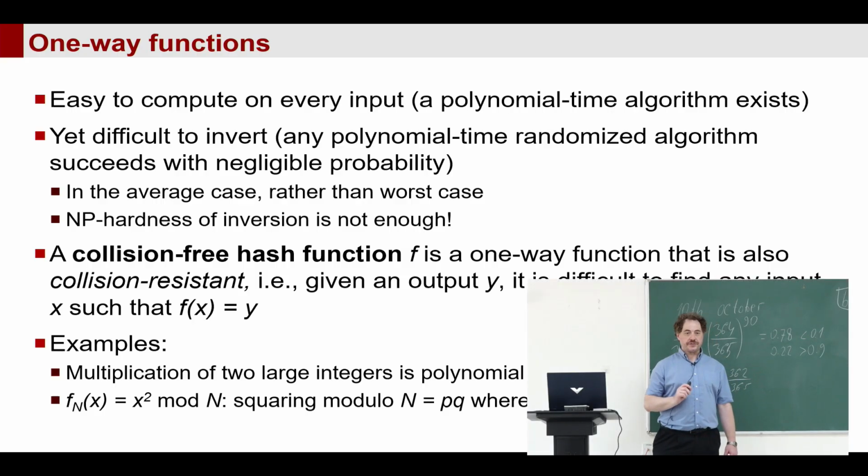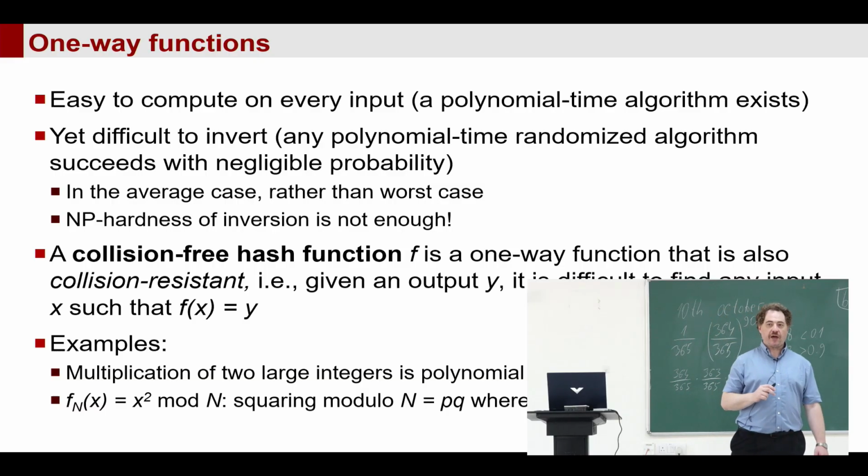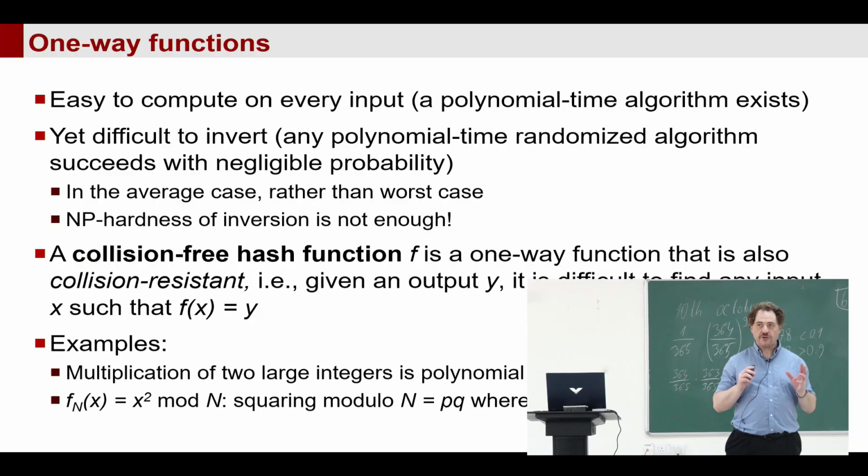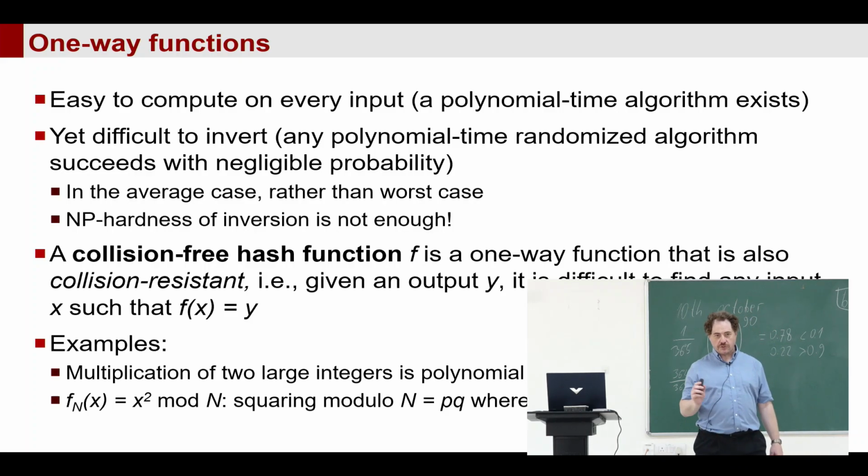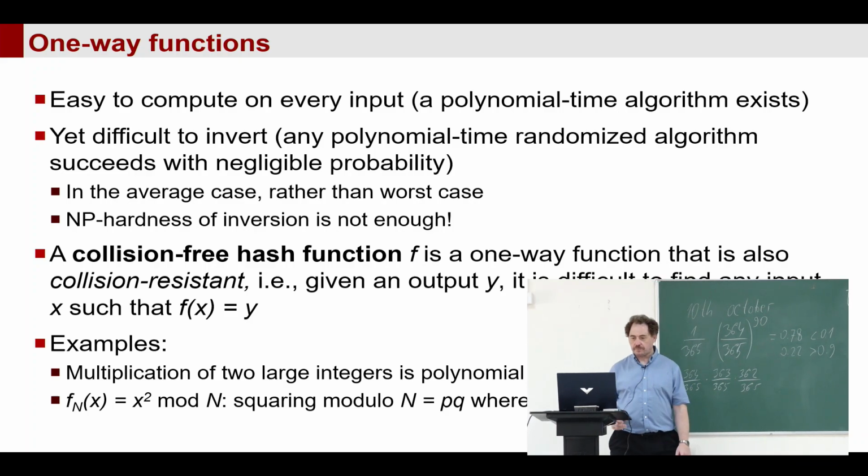That's not enough for us. We want the average case to be hard, not just the worst case. In cryptography, it's not enough that sometimes digital signatures would be difficult to break. We want digital signatures to be hard to break all the time, not just sometimes. So it's different from NP-hardness.